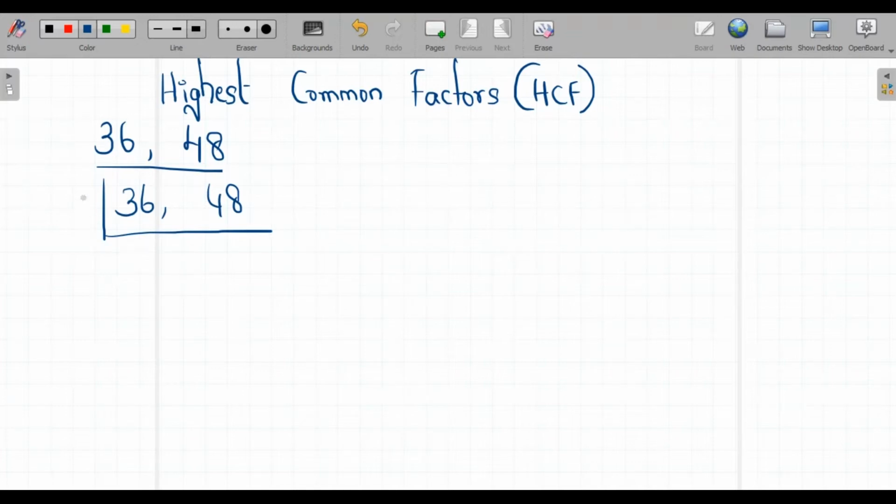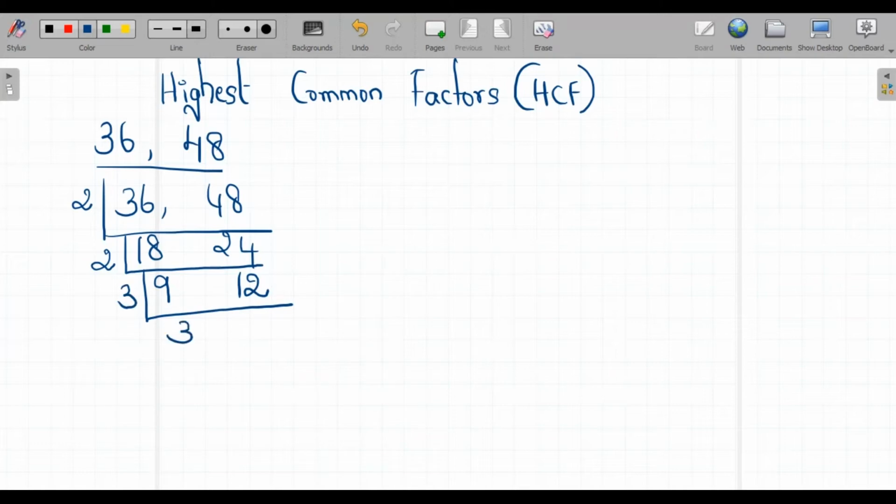For example, if you take this, both are even numbers. So, I am going to divide by 2. This gives me 18 and this 24. Again even numbers. So, I am dividing by 2. This is going to get me 9 and this gets me 12. Okay. Now, I can use a 3. So, this gets me a 3 and this gets me a 4.